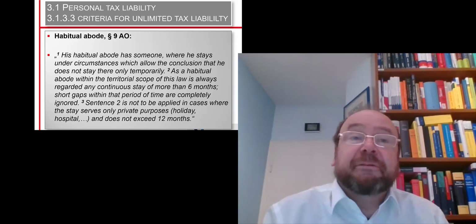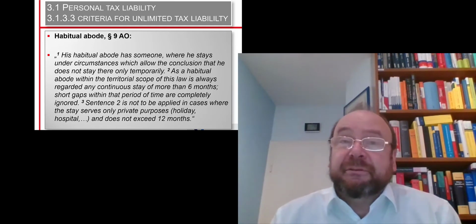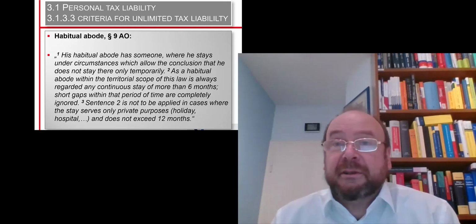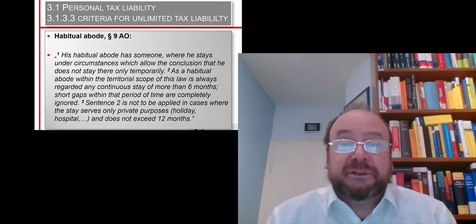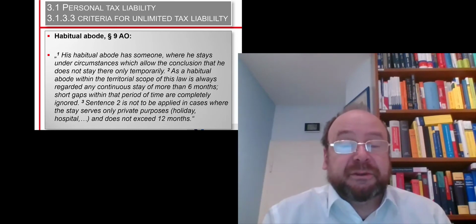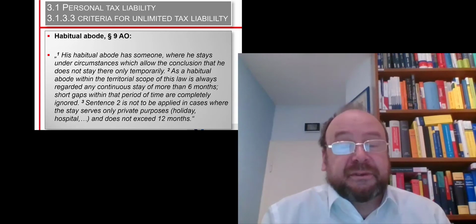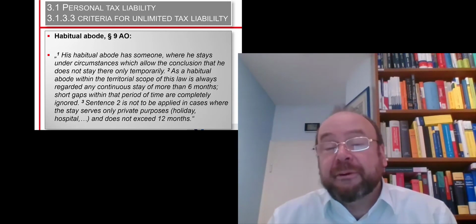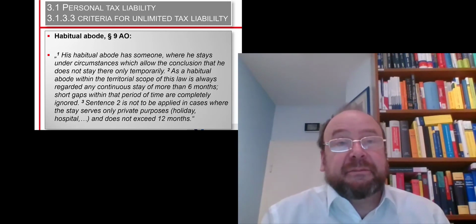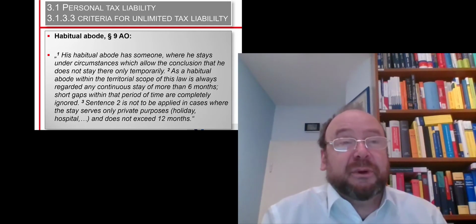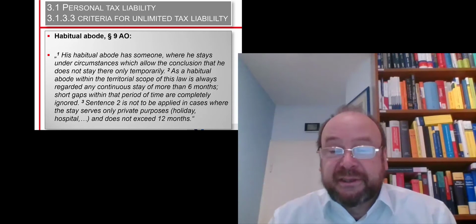Now, if you leave for 2 days in order to visit Disneyland Paris, that is not terminating your continuous stay, because also with an inland person who goes for 2 days to Disneyland Paris, the neighbors would not say that person does not live here anymore, that person went to Disneyland.